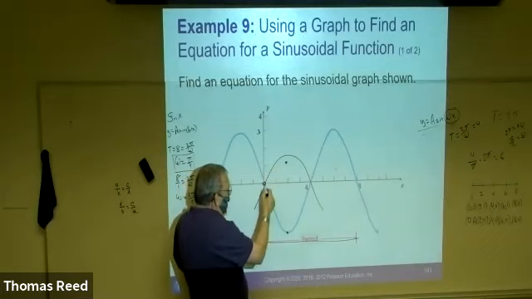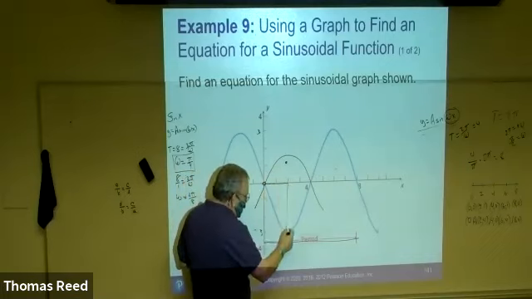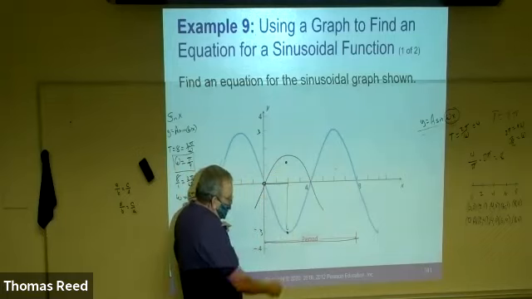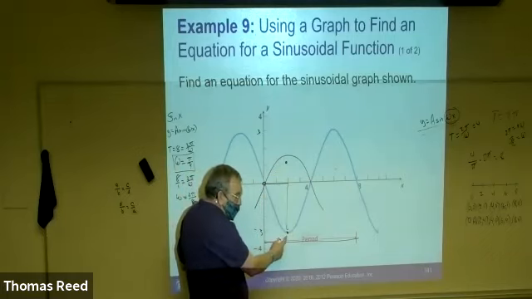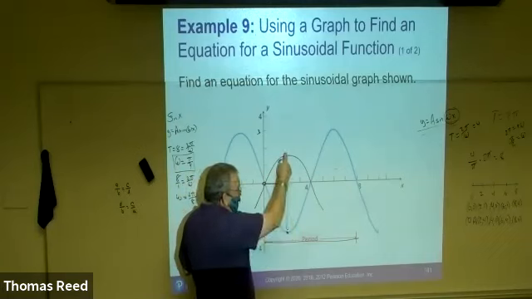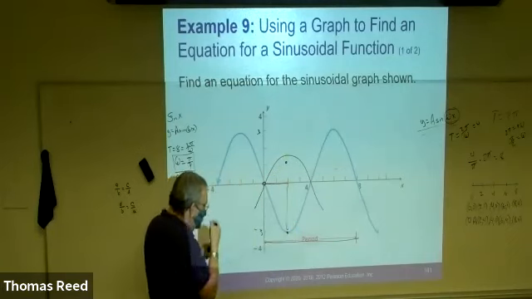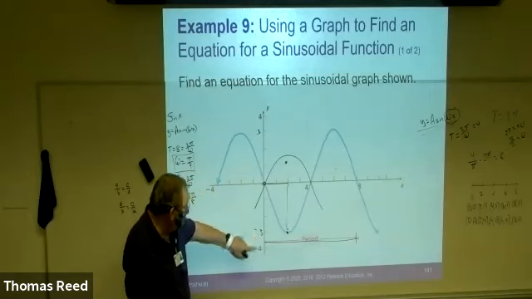So we got our first extreme is negative. So that means we're multiplying and not positive. So we're multiplying by a negative A, and A is -3.